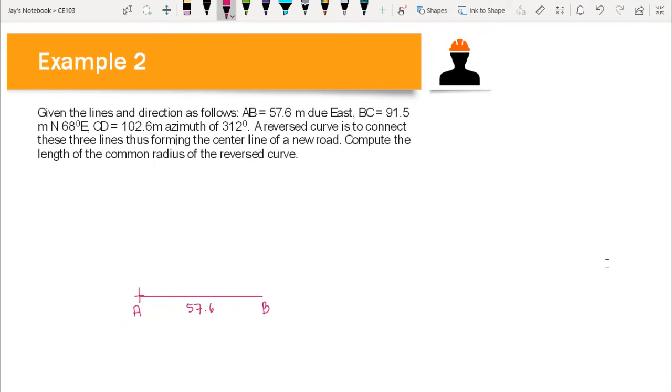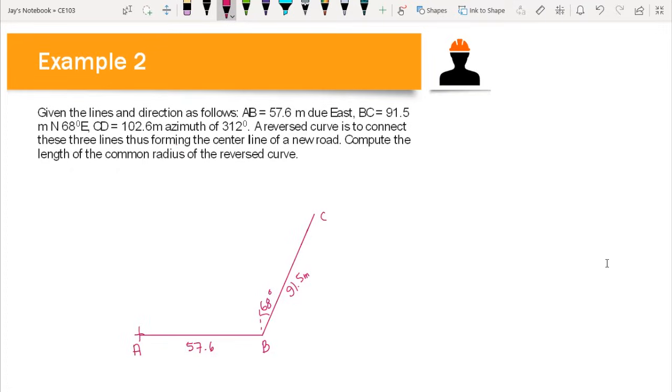So we have this line, which is BC and has a bearing of 68 degrees. So therefore, the angle here is 68 degrees and the length is 91.5 meters. And lastly, we have CD, which is 102.6 meters, and the azimuth is 312 degrees.